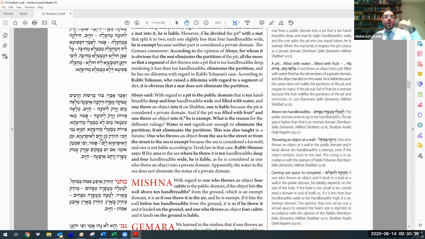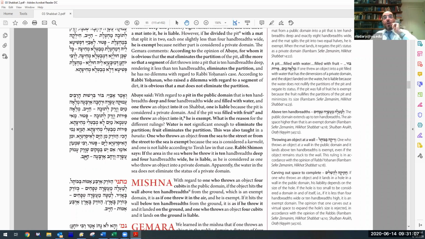So you throw from the sea into the street, or from the street into the sea, patur, because a big body of water like an ocean is called karmelit. It's not a shut harabim. It's not a shut hayachid, and so you're throwing from a shut harabim to karmelit, which is in between. So patur. Rabbi Shimon omer im yesh makom shezarak amok asara verachab arba'a chayav.